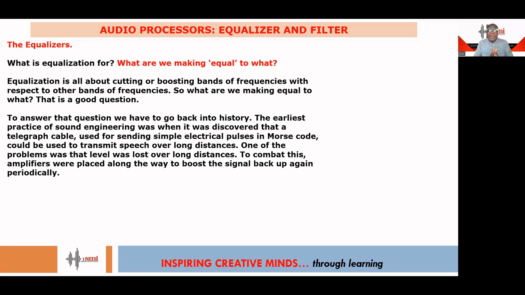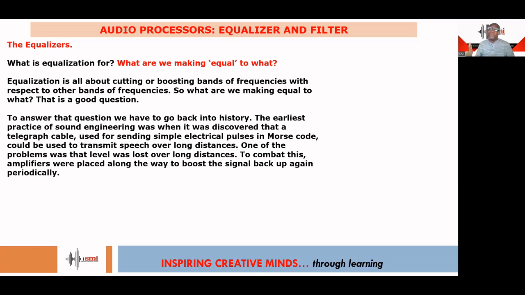One of the problems was that level was lost over long distance. If you are used to our analog telephone system in the olden days, there is a cable that will run from the source, maybe from Lagos to Ibadan, and each cable is connected to every house that has a telephone unit.